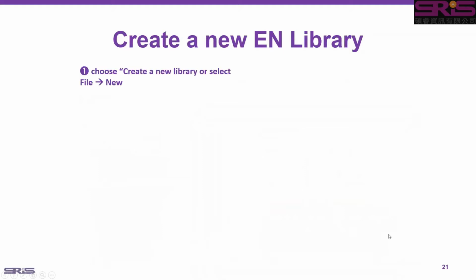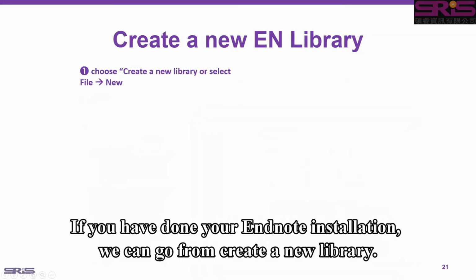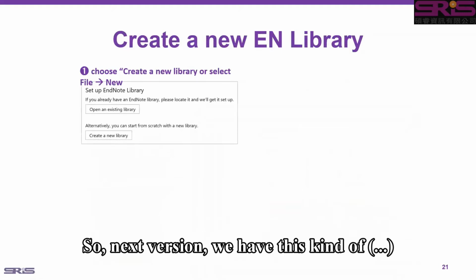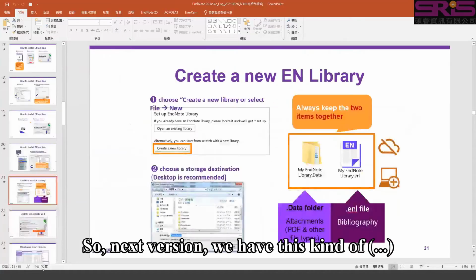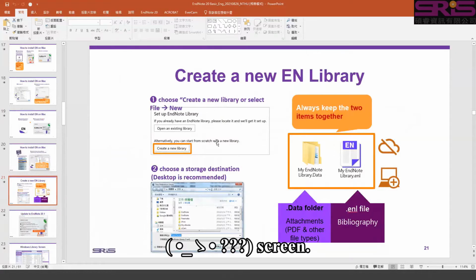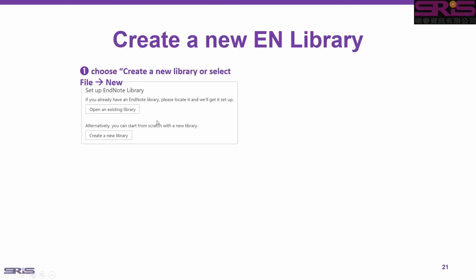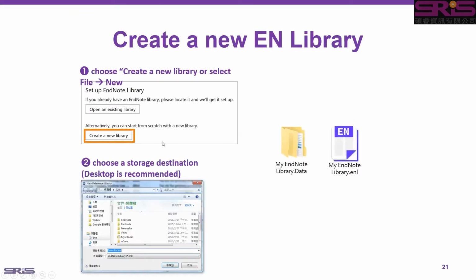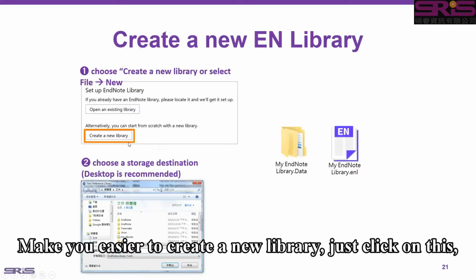Okay. Now, if you have done your EndNote installation, we can go on to create a new library. In this new version, we have this kind of prompt screen that makes it easier to create a new library.